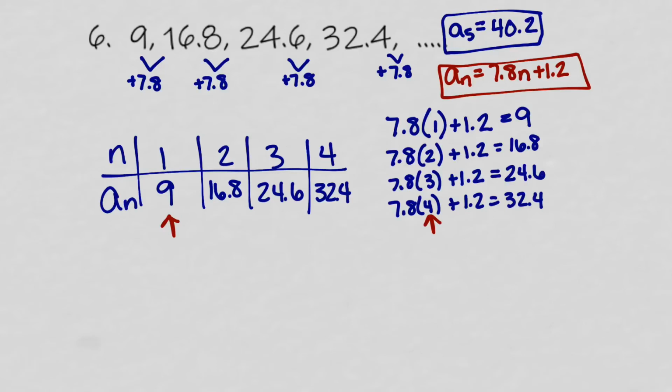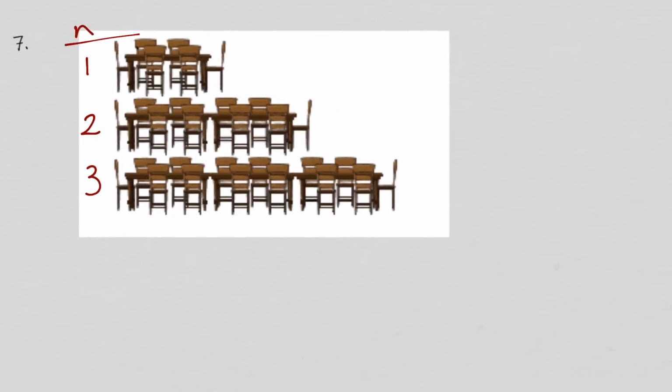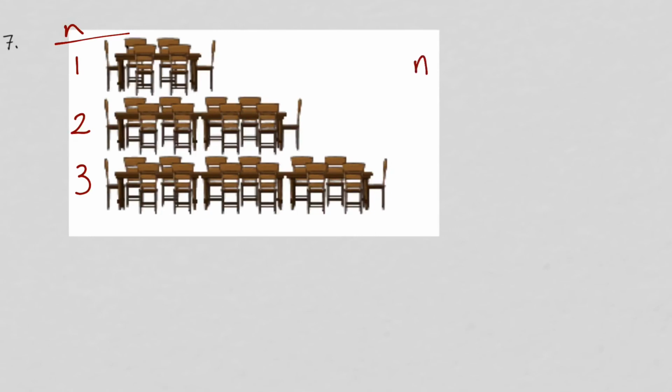All right, so this next one is actually a visual. It is still a sequence. And so we're going to consider each row our n's. So like this is n 1, 2, and 3. Okay, so let's draw our chart to go with this. So if I have n, I just said we have 3 of them.